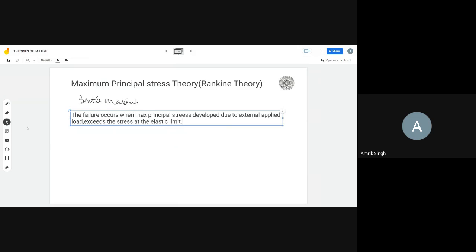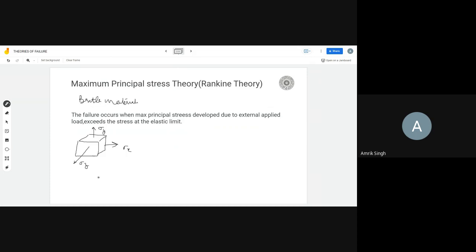So for this, let us consider a stress element. It is having a stress sigma x in the x direction, sigma y in the y direction, and sigma z in the z direction.